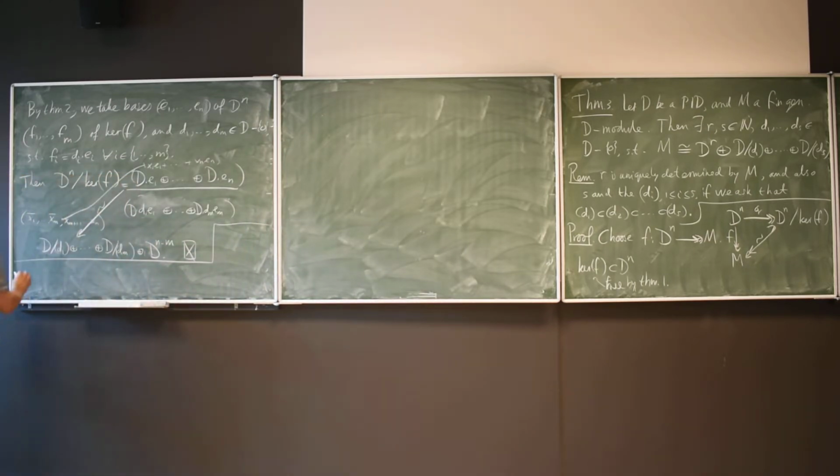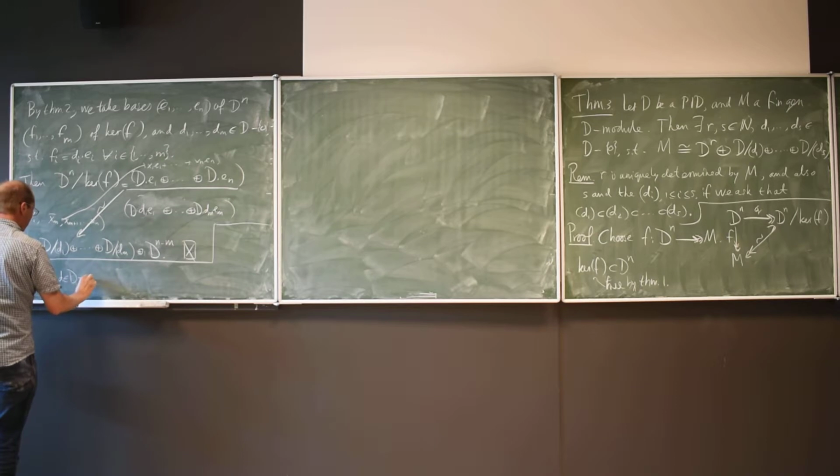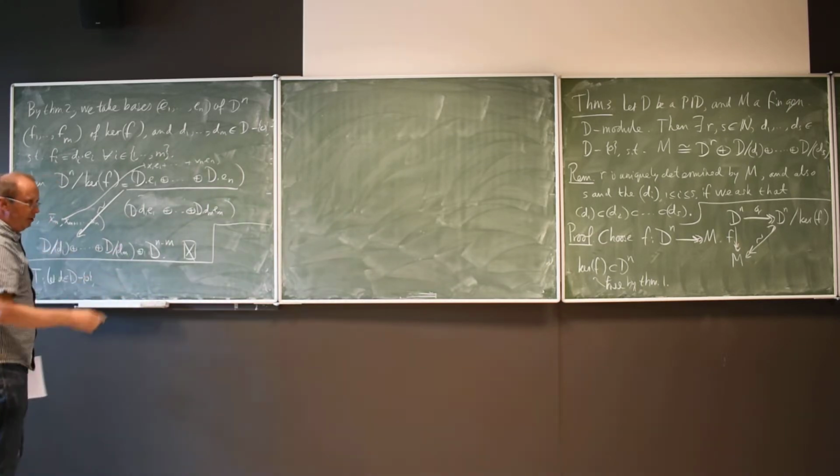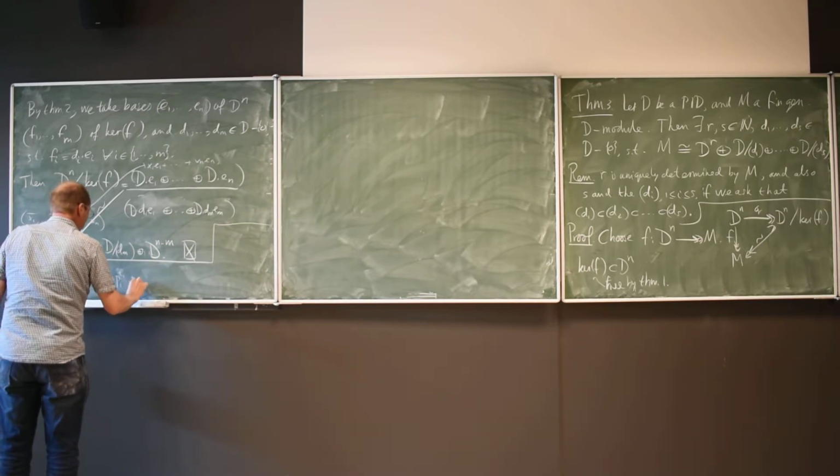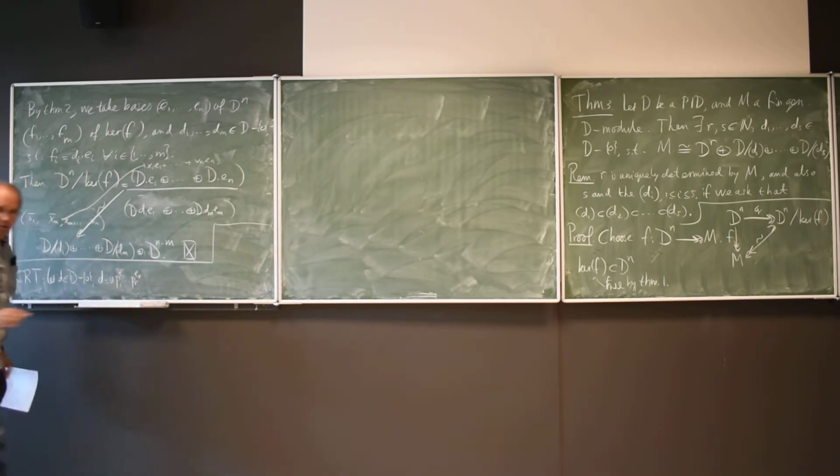So we have the Chinese remainder theorem, not for modules as Arno did, but just for rings, and now in the ring D. It says: let d be in D, non-zero, and write its factorization into primes, d is a unit times p1 to the e1 times pr to the er, as before.